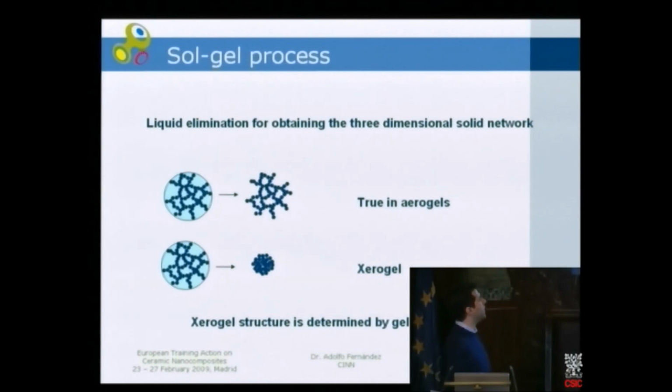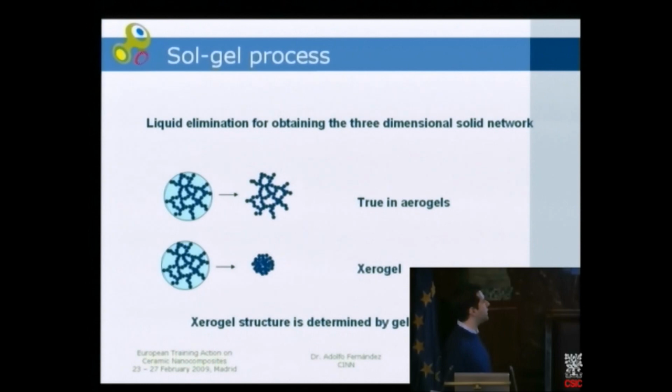Finally, when we try to obtain the dry product, it's necessary to eliminate the liquid for obtaining this three-dimensional solid network. One can think that this is what is happening. Once the liquid is removed, we are going to obtain this three-dimensional structure, but this is only true in the case of the aerogels.